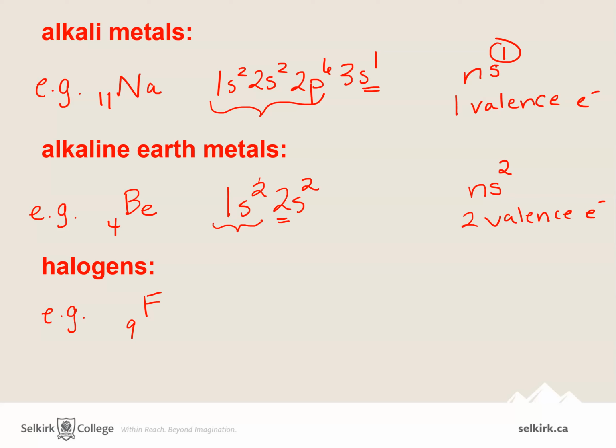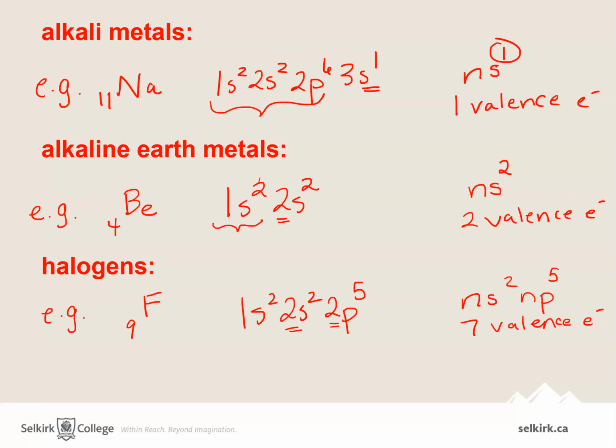So, last example, last group, halogens. Fluorine is 1s2, 2s2, 2p5. So here's its valence level. If I looked at other halogens, they would end in ns2np5, and the value of n, again, would change for different halogens. How many valence electrons? 7.